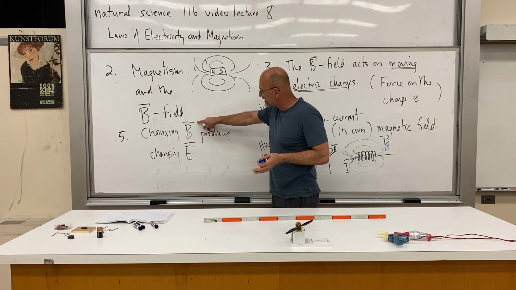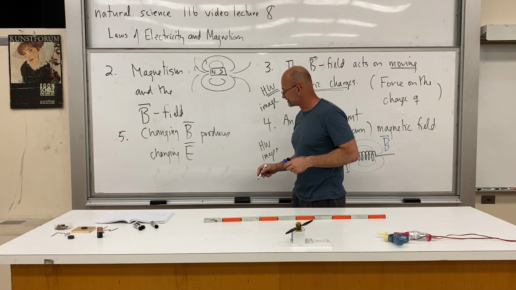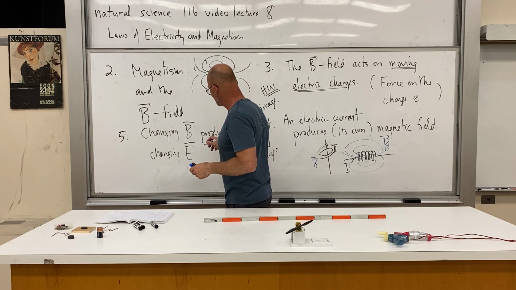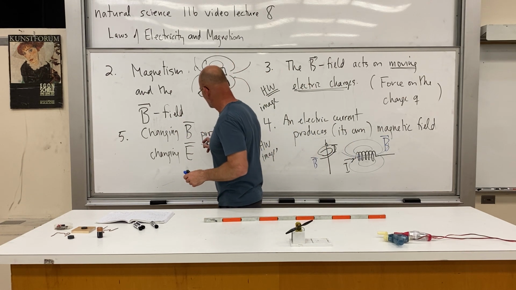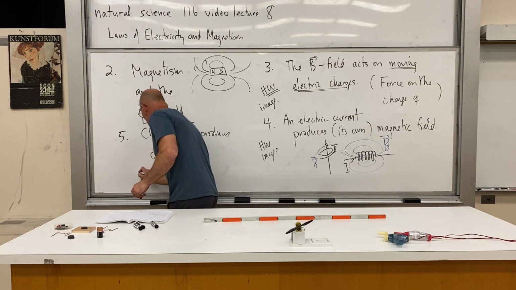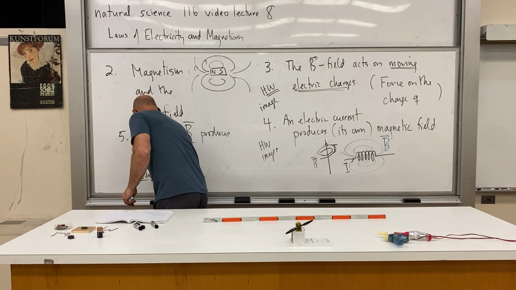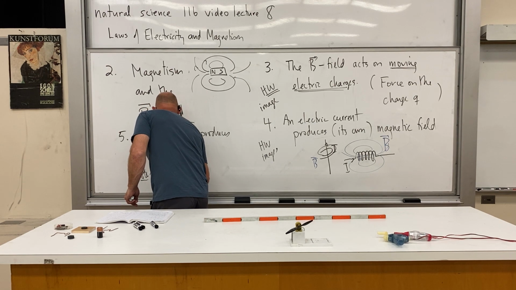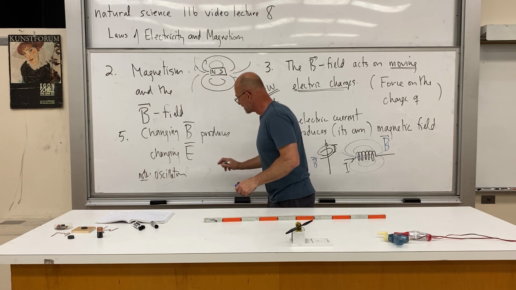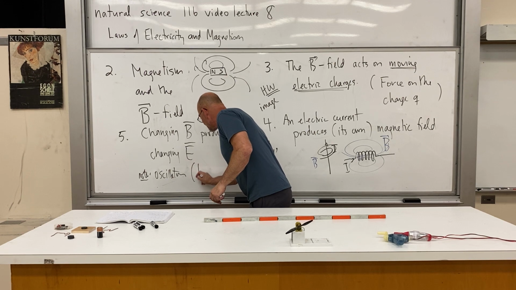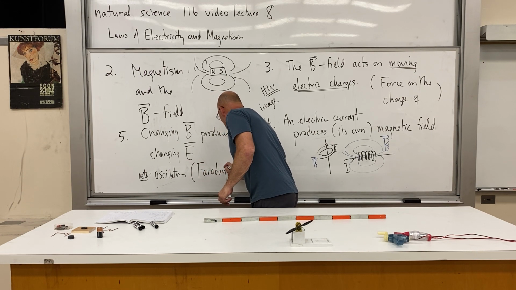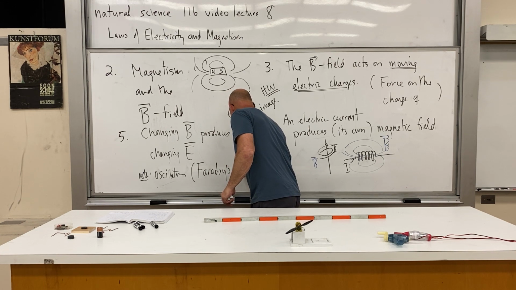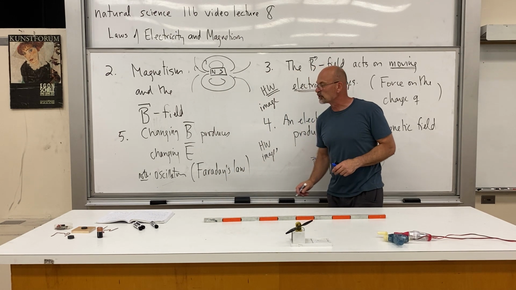So oscillating magnetism, oscillating electricity. And there's more to it than that, but I'm just going to write here, we're talking about oscillations and Faraday's law. So look up Faraday's law as well.